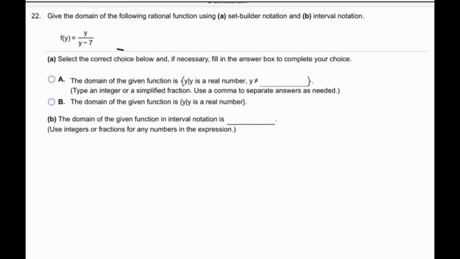Now remember, with rational functions, what we're looking for are values that make the denominator equal to 0. And those values that make the denominator equal to 0 are excluded values. Remember, they're excluded values.